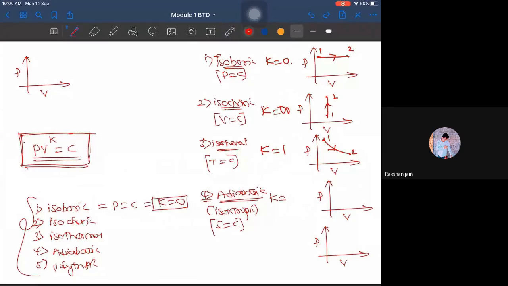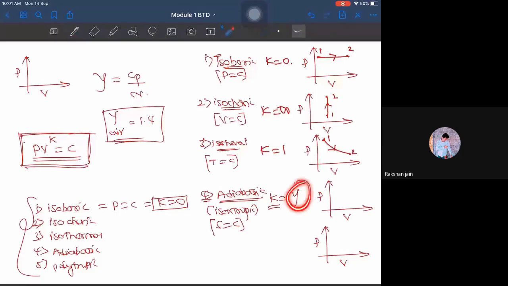When the value of k is equal to the ratio of specific heats, denoted by gamma, then it is called an adiabatic process. The ratio of specific heats is nothing but Cp by Cv. Gamma for air is around 1.4. Got the point? That is the ratio of specific heats' value for air.